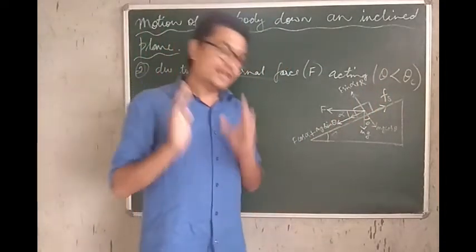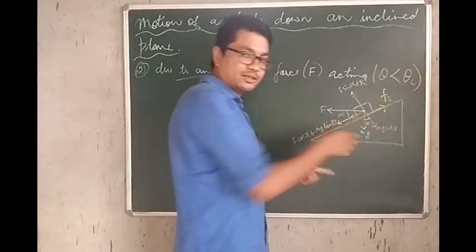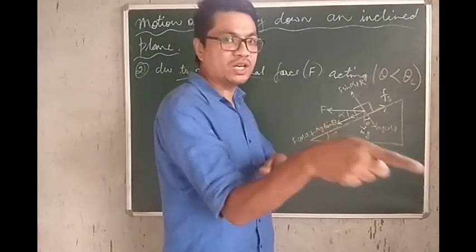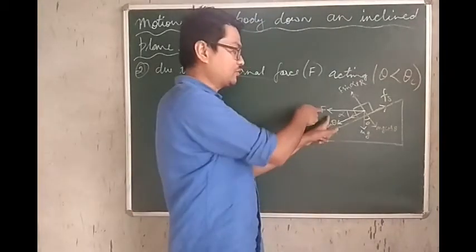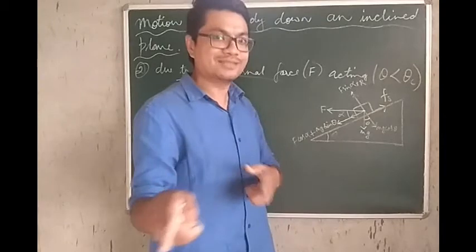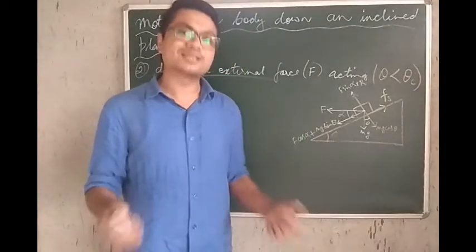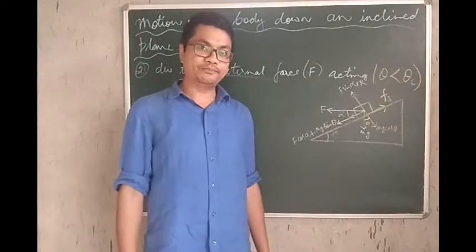Okay, now again let us consider, though this force F is acting, say for example the body is on the verge of movement, although this force F is acting, the body is not yet sliding down. Let us therefore consider that scenario, which of course is the scenario of equilibrium.